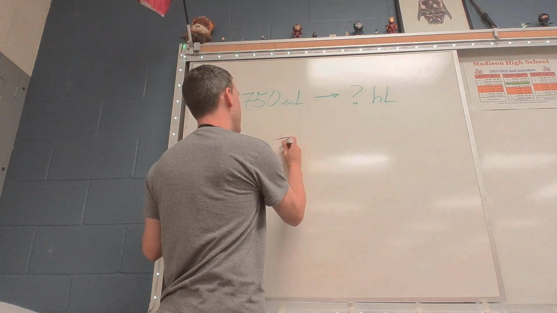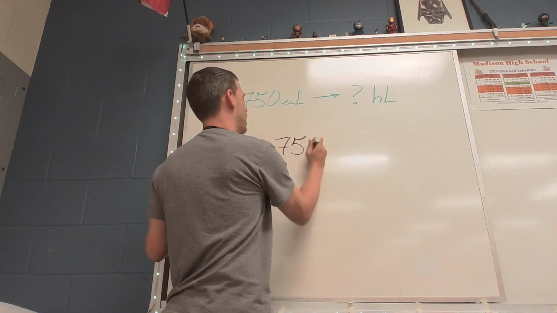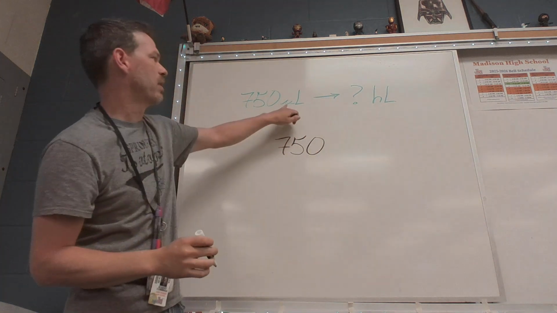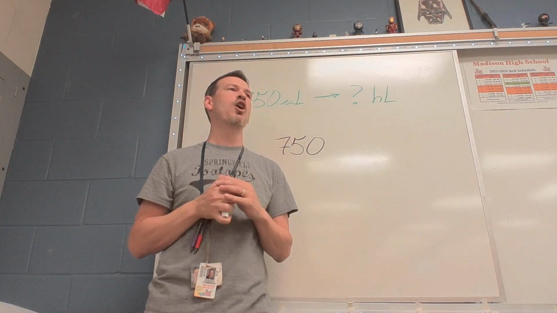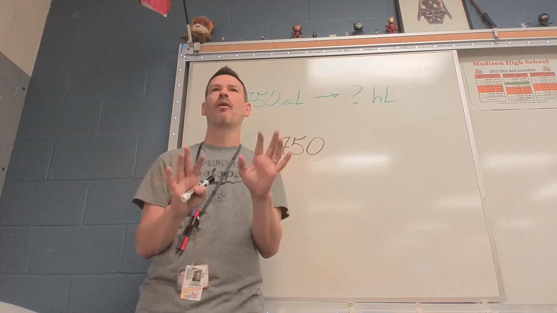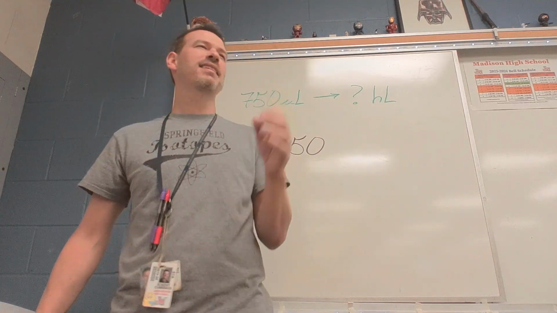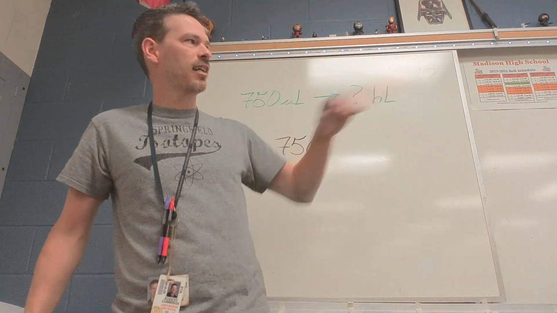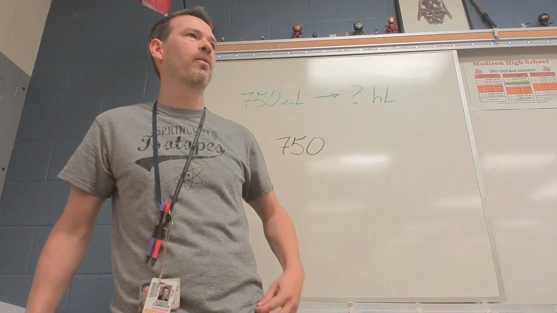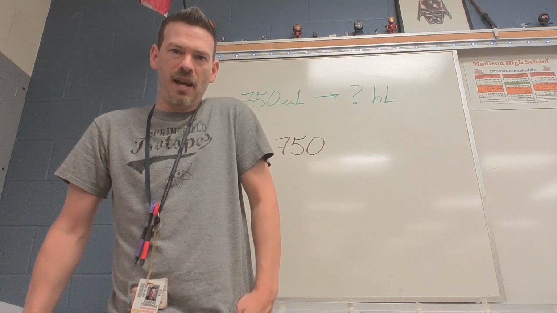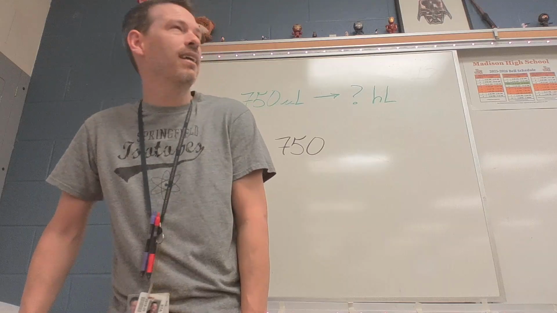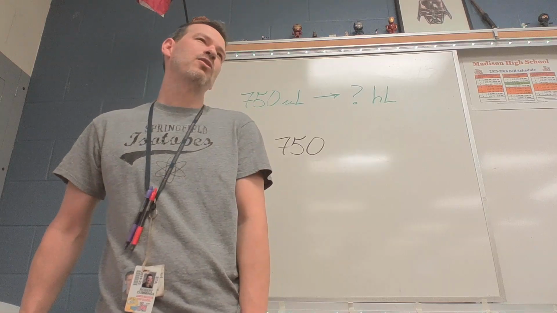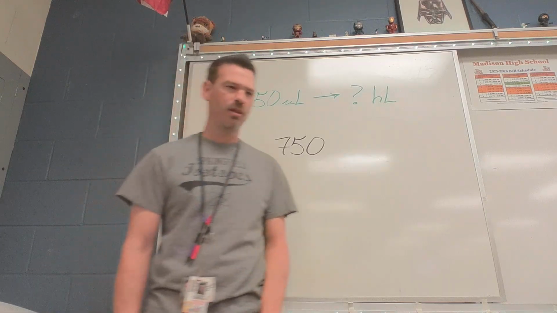Now look at the exponents associated with micro and moving to hecto. And here's where my card draw is going to come. Don't answer out loud. How many slides? Looking at the exponents of micro to hecto, how many times do you have to slide the decimal to get from a -6 to a +2 on a number line?